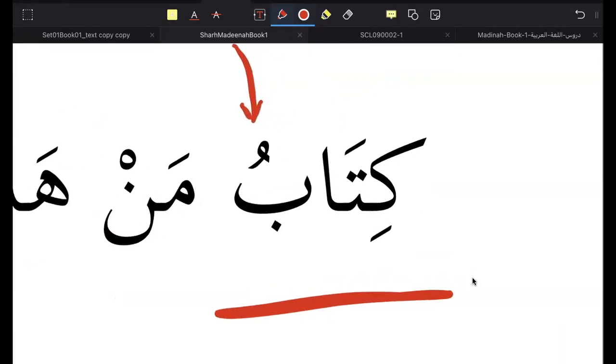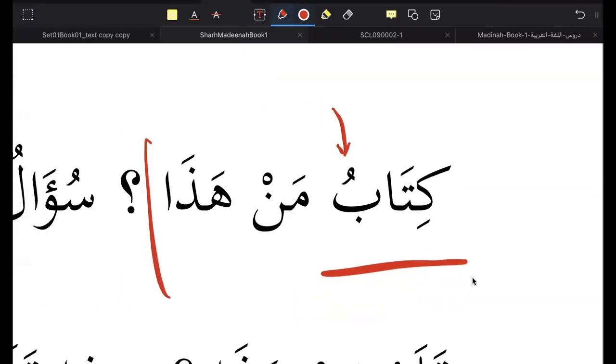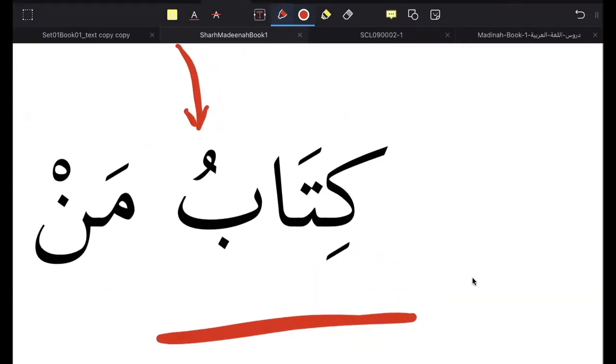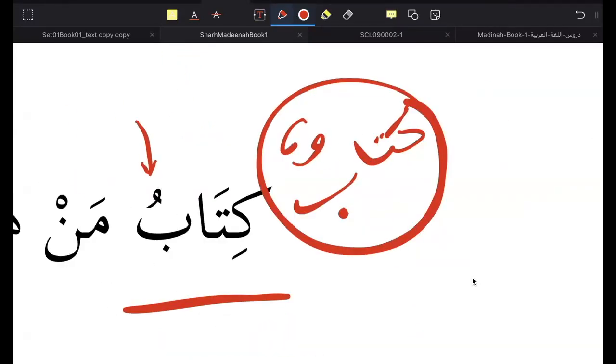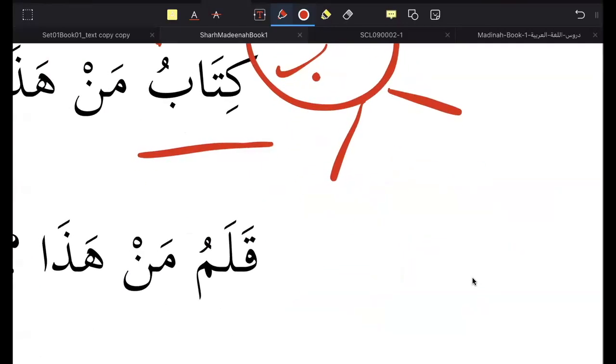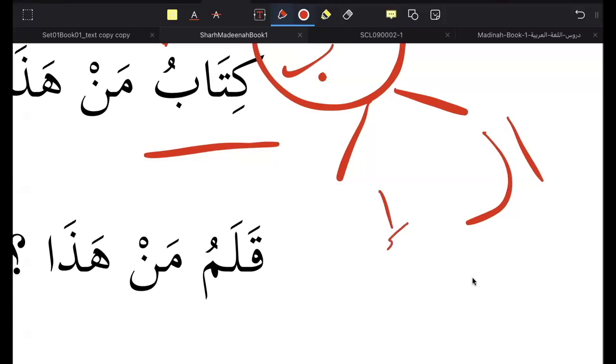A word that takes tanween, like kitabun, there are primarily two ways we remove the tanween: by adding alif lam, or by idafa, the first word, al mudaf. These are the only two ways we can remove tanween.